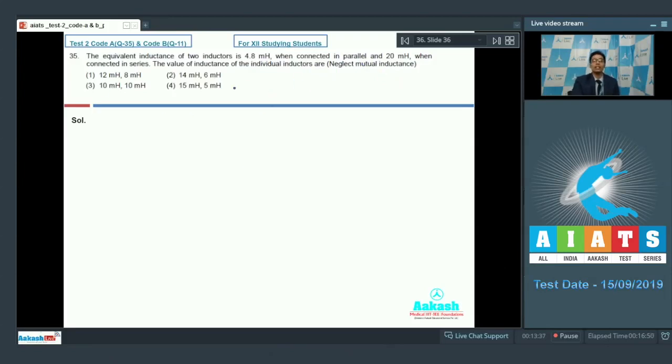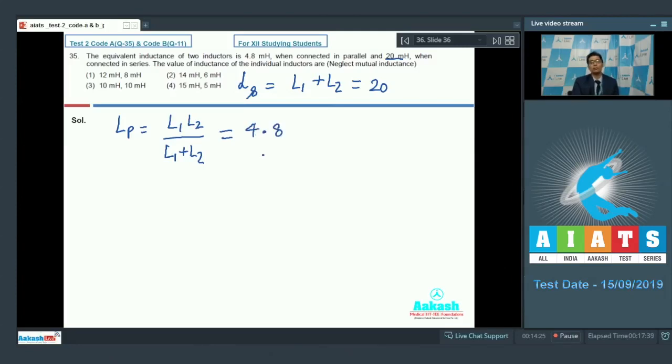Now dear students, the equivalent inductance in series combination can be written as L1 plus L2, where L1 and L2 are individual inductances, while in parallel combination the inductance can be written as L1 multiplied by L2 divided by L1 plus L2. Now L1 plus L2, that is the series combination, has been given to us to be equal to 20 millihenry as per the question, while in the parallel combination the value of the net inductance has been given to us as 4.8 millihenry.